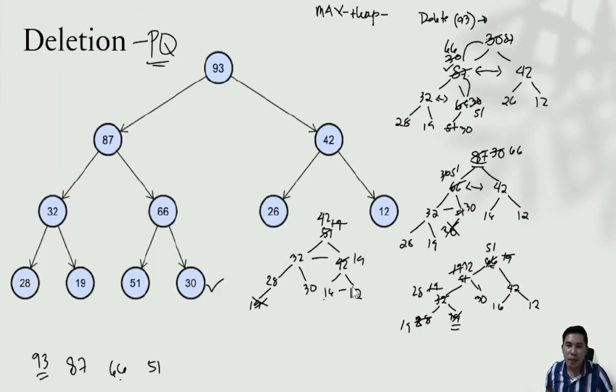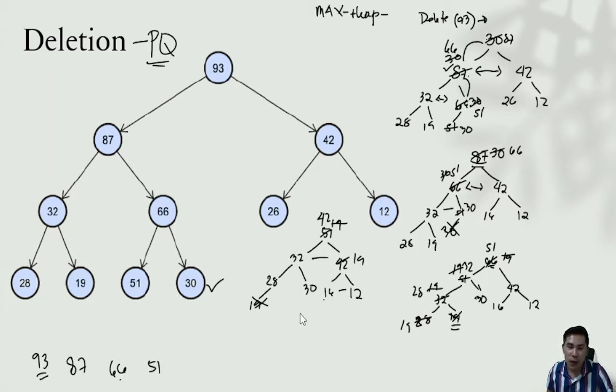When you compare, the highest value among the children is 16. Since the parent is greater, it is in order, or it does not violate the binary heap property order.